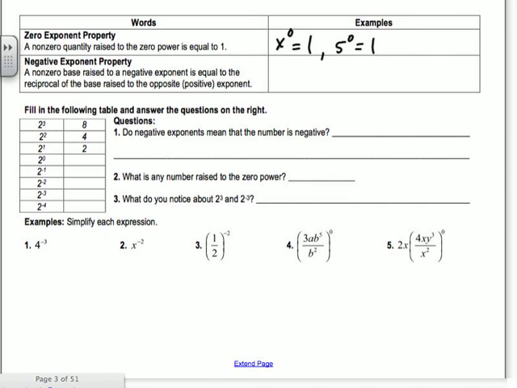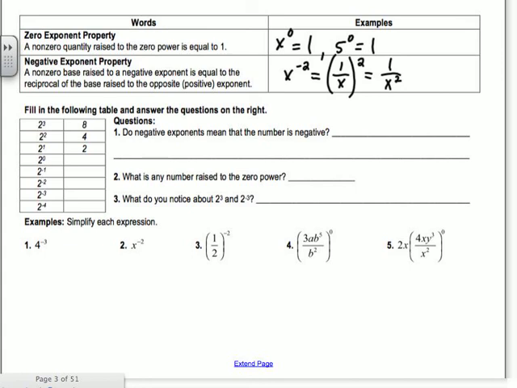If I have x to the -2, it's equal to the reciprocal of the base raised to the positive exponent. So reciprocal of the base means 1 over x, raised to the +2. In other words, it's 1 over x squared. So I just remember if I have a negative exponent, I just do 1 over the positive exponent.